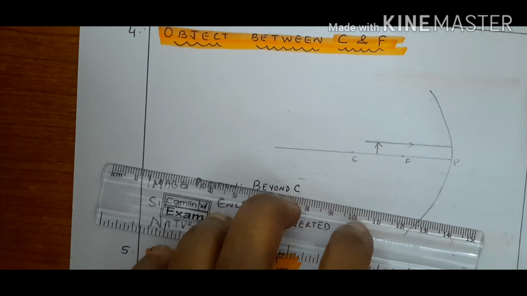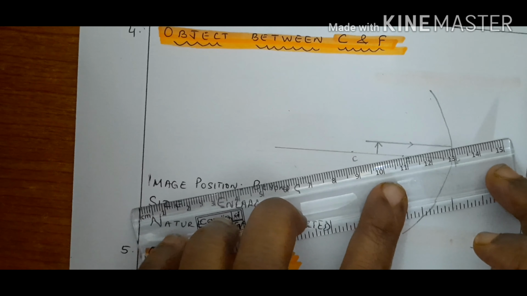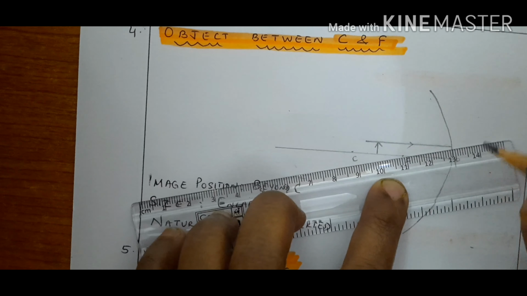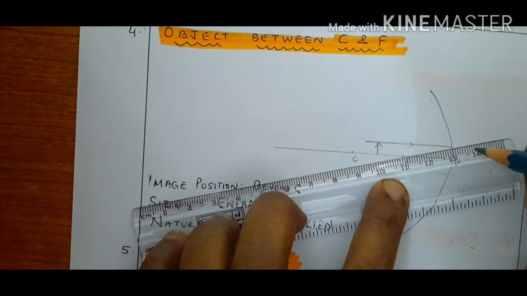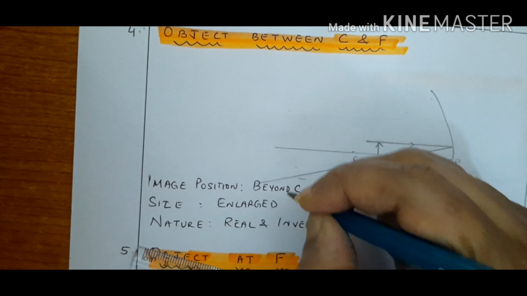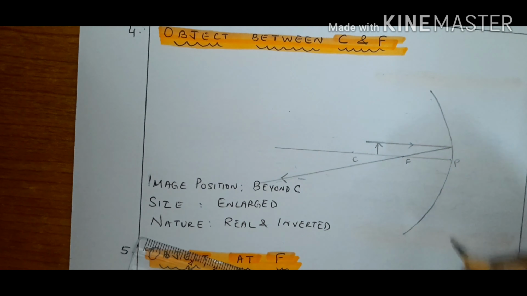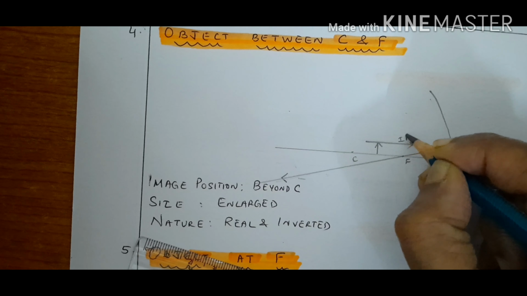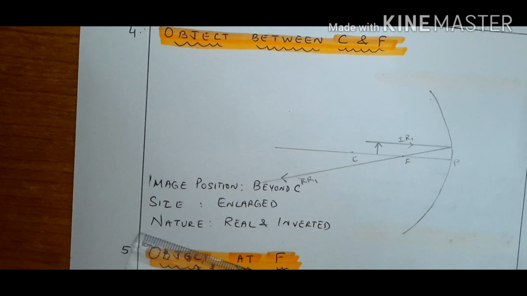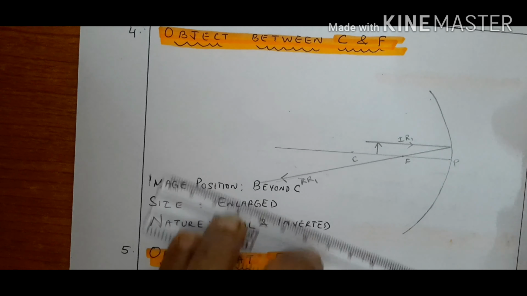Now this ray after reflection will pass through the focus. Now this is IR1 and this is RR1. There is no need for you to write this, but this is for you to understand.